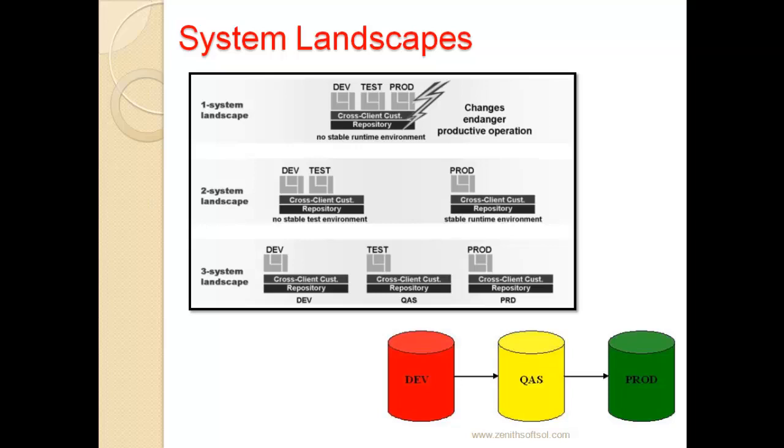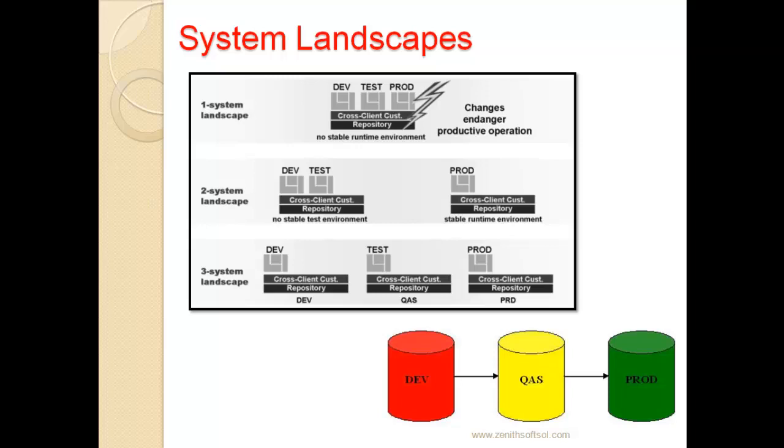Also, whatever changes are done in the development box should be done in the development box only. You cannot do any development customization in any other system. And only testing is done in the quality box.